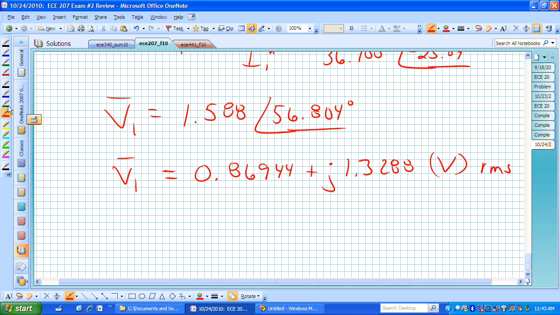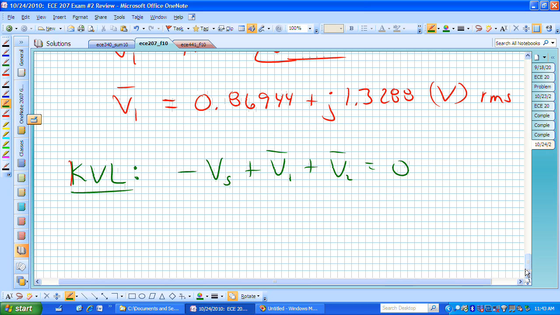Now from our KVL of the original circuit, we have minus V sub S plus V1 plus V2 is equal to 0, or V sub S, and that's the phasor form of V sub S, is just the sum of V1 and V2.